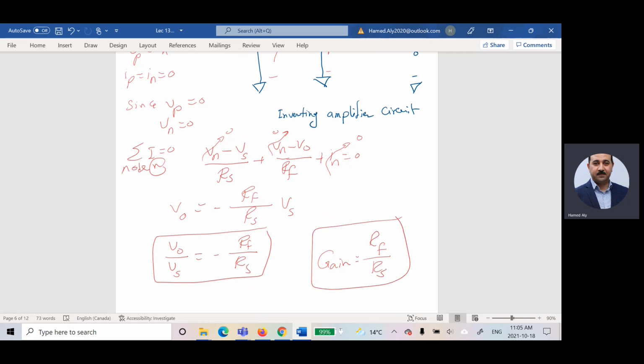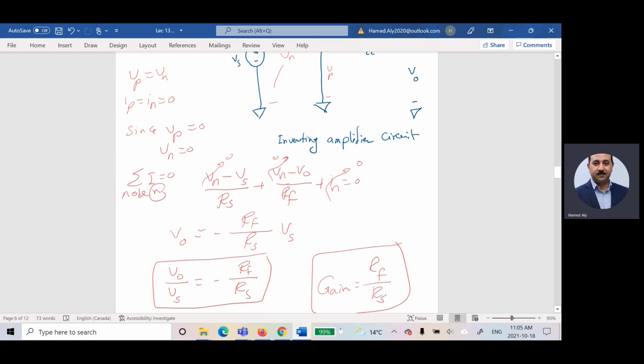That's why I told you that this guy is called an inverting operational amplifier. Why is it called an inverting operational amplifier? Because the output is equal to negative constant multiplied by the input, or negative the gain multiplied by the input. Any question for that?